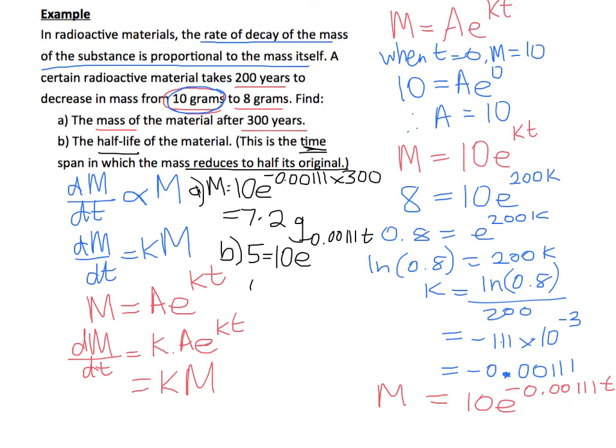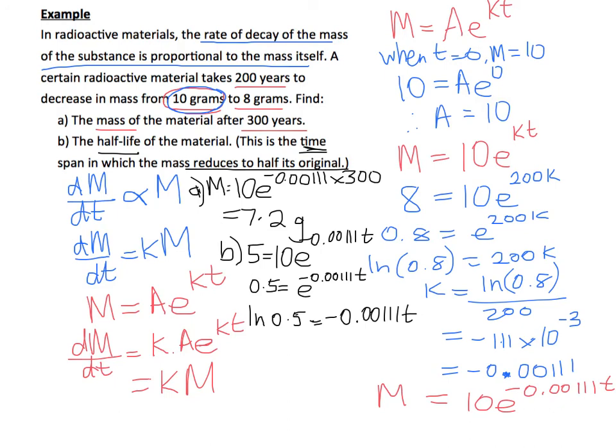We get 0.5 equals e to the negative 0.00111 t. Then we'll take the log of both sides. See the pattern that's emerging here with solving these equations? Negative 0.00111 t.